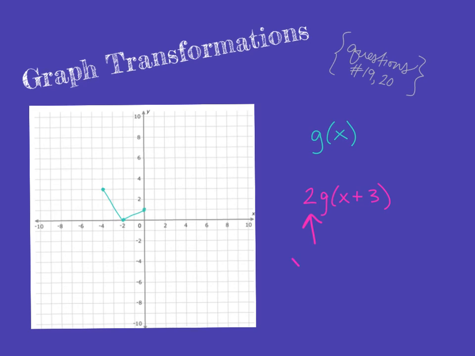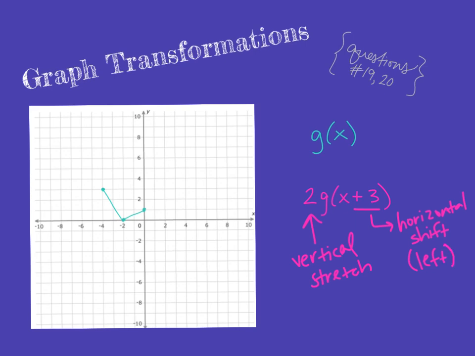So this is like a vertical stretch, and what it's going to do is affect the output, or the y value, by a factor of 2. Then, on the inside here, this plus 3, I just meant to underline the plus 3, this is a horizontal shift. It's horizontal because it's next to the x, and horizontal shifts are always opposite, so since it's plus 3, we're actually going to move left 3.